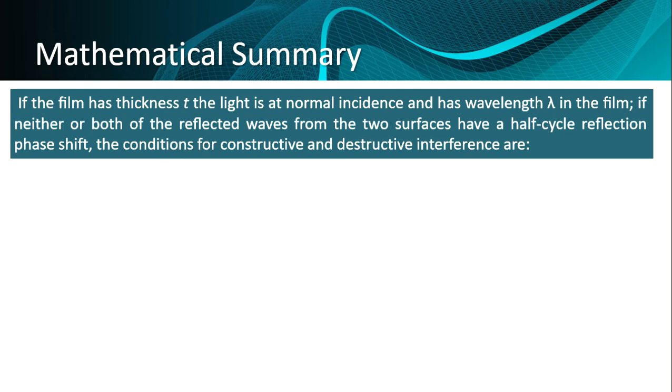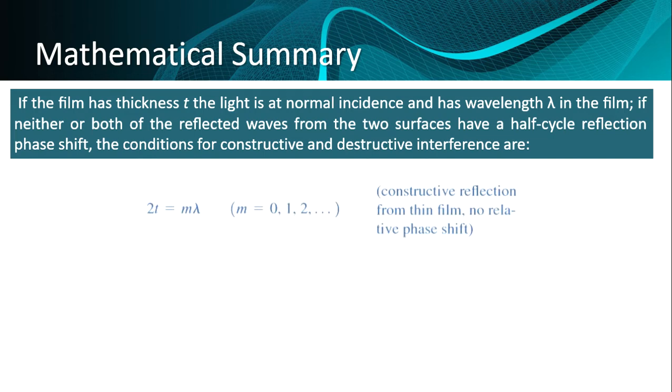If the film has thickness t, the light is at normal incidence and has wavelength lambda in the film, and neither or both of the reflected waves from the two surfaces have a half-cycle reflection phase shift, the conditions for constructive and destructive interference are: 2t equals m lambda, where m is an integer number of wavelengths, or is equal to 0, 1, and 2. By the way, m here stands for the number of fringes.